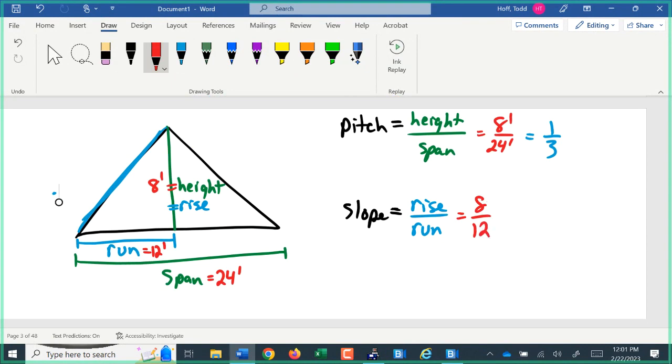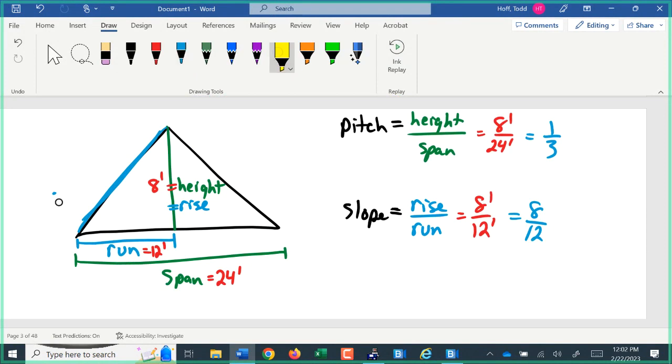Now the feet do cancel out, so that would give us the 8 over 12. And we could reduce those numbers, but we don't. Usually the slope is expressed as out of 12. It's not necessarily 12 feet, it's actually out of 12 inches. It's the rise per foot.